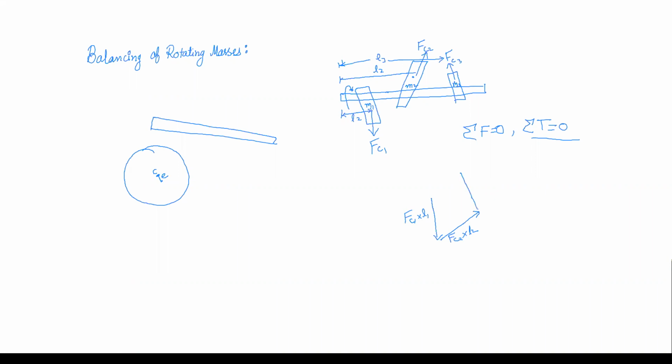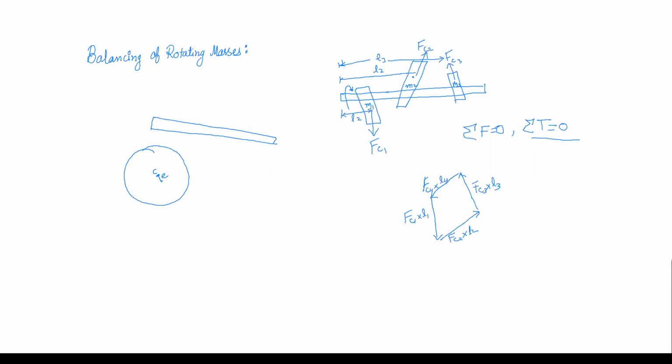This is Fc3 into L3. So this empty space will be a space for balancing of force, and this will be the balancing force or counterbalance force, and this will become Fc4 into L4.